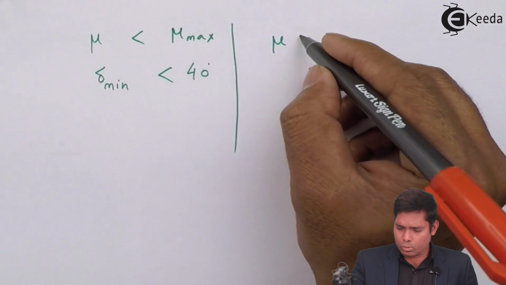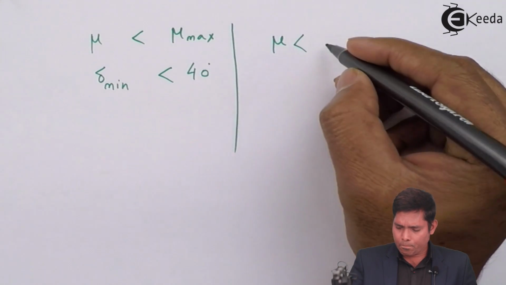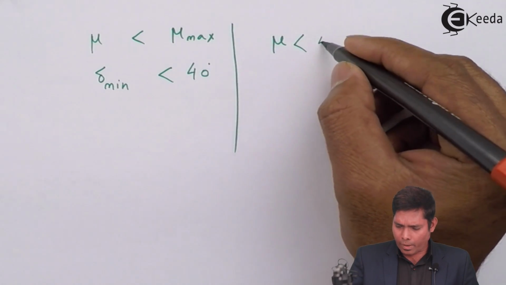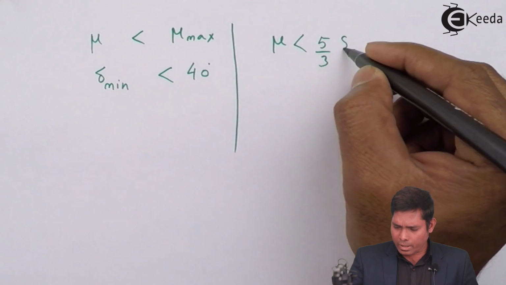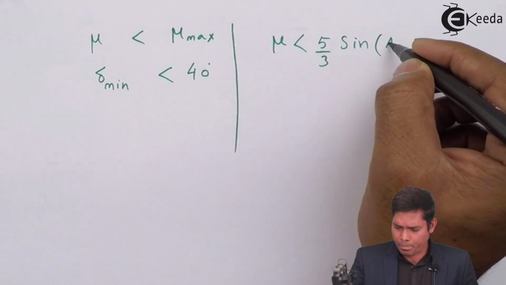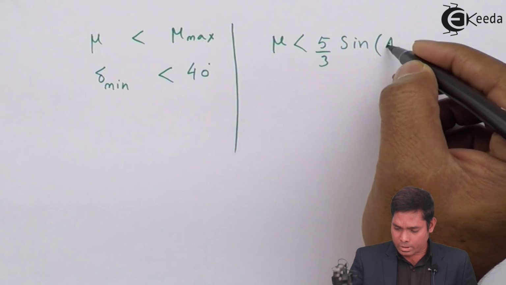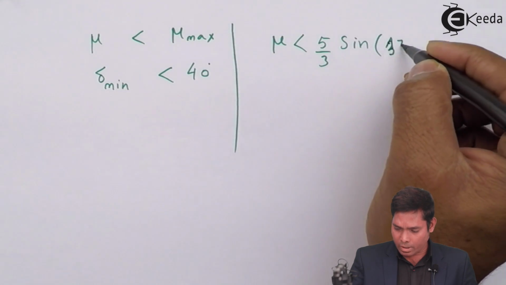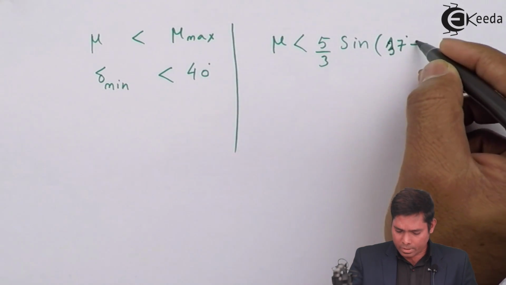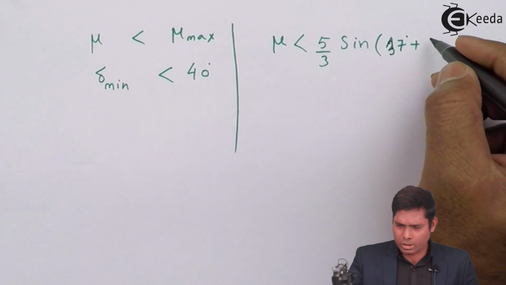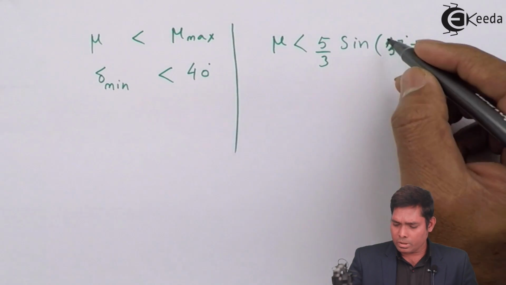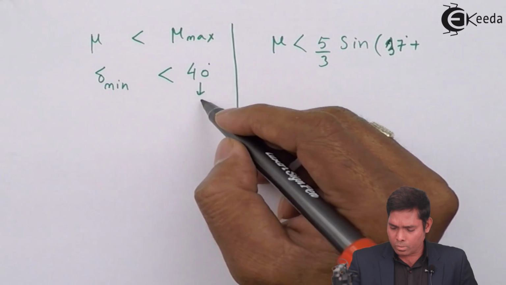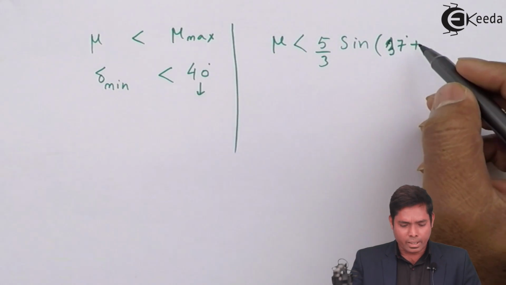So mu has to be less than 5 by 3 sine of a upon 2, that is 37 plus, if I put this as 40, divided by 2.